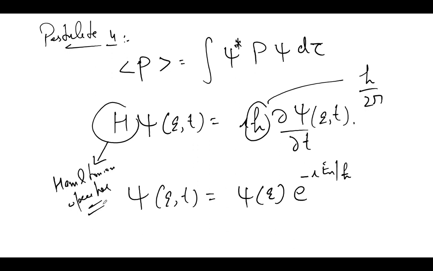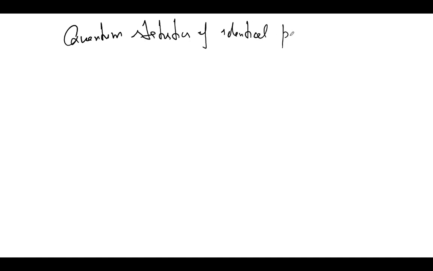So what is basically the quantum statistics of identical particles? By identical particles, we mean electrons which cannot be distinguished by any inherent properties.